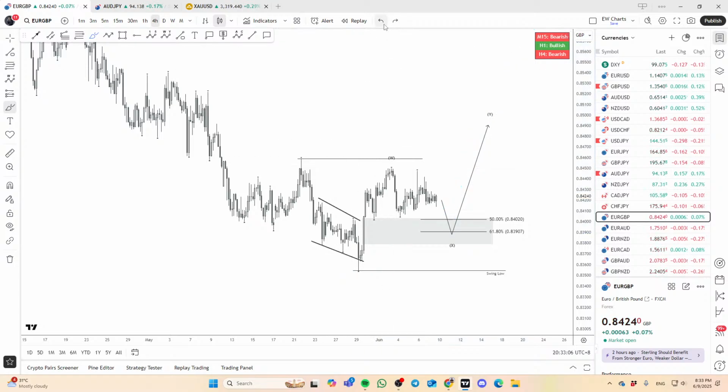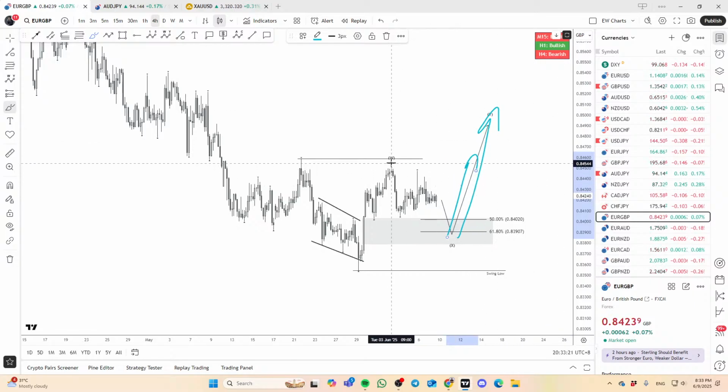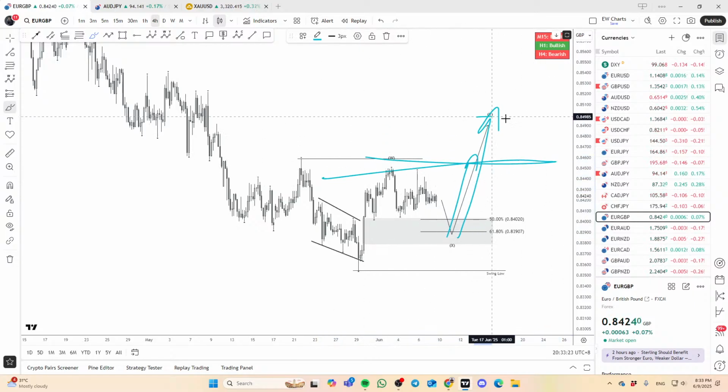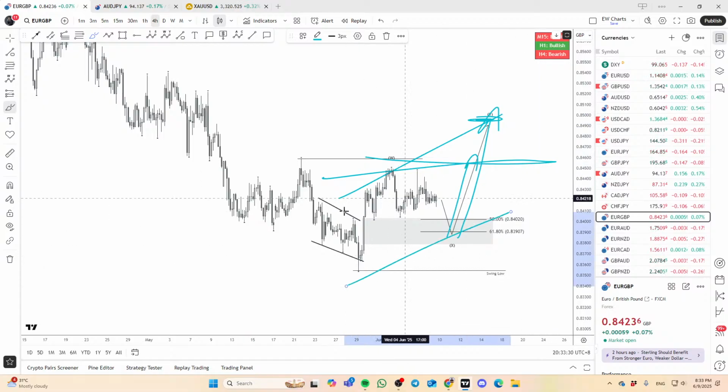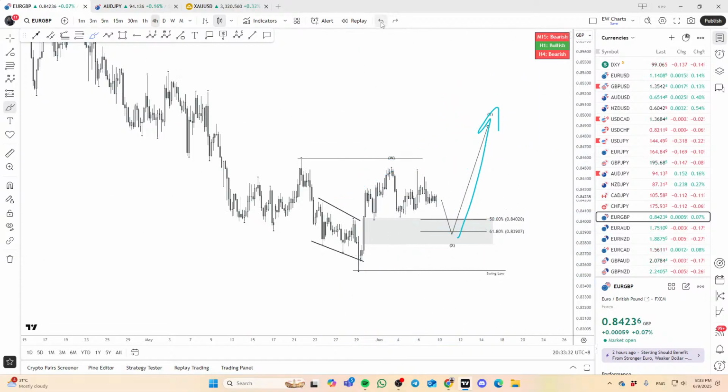Again, it doesn't matter too much right now because you'll be just focusing on this upside first. The only difference will be how you are going to manage that trade. If this takes off nicely, you can take your profit off this high or this high, and then that's it. Look for the next trade, based on the expectation that you'll be looking at this as a simple three-wave correction.